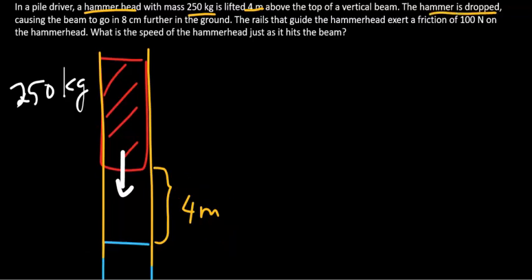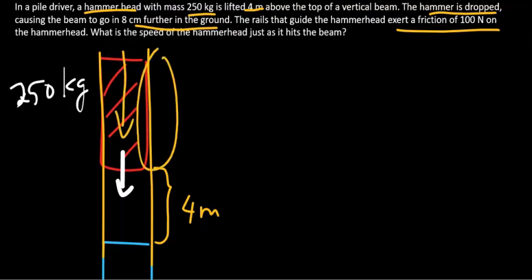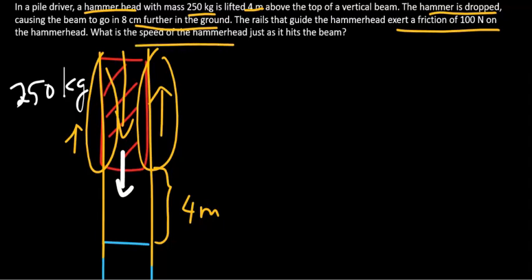Then the hammer is dropped, causing the beam to go 8 cm further in the ground. The rails that guide the hammerhead exert a friction of 100 newtons on the hammerhead. So as the hammerhead falls down, these rails on the side exert a frictional force opposite to the direction of that falling hammerhead. Now, what is the speed of the hammerhead just as it hits the beam?